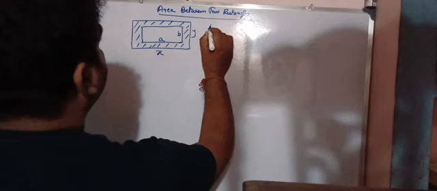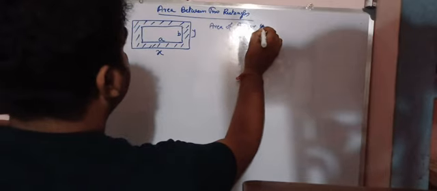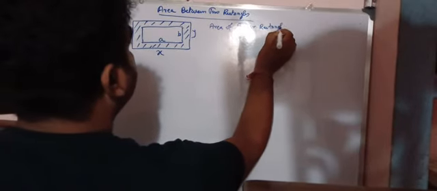Now how can we find that? Suppose the length of the bigger rectangle is x, and width is y, and the length of the smaller rectangle is a, and width is b. So as we know the formula of area, the area of the bigger rectangle is equal to xy square unit, obviously.